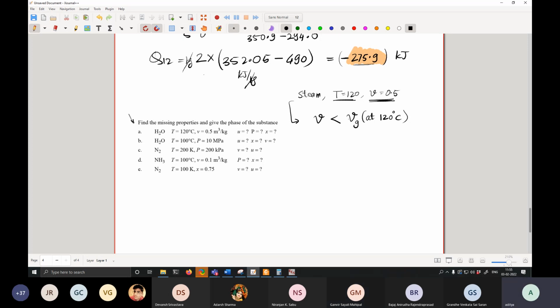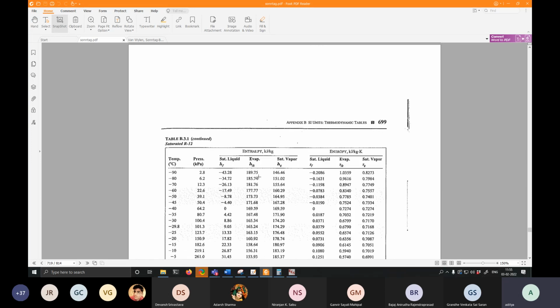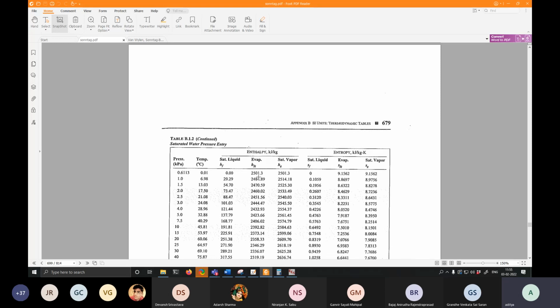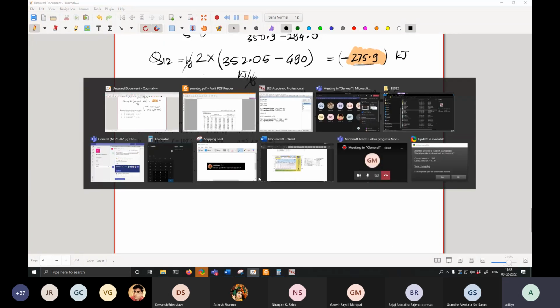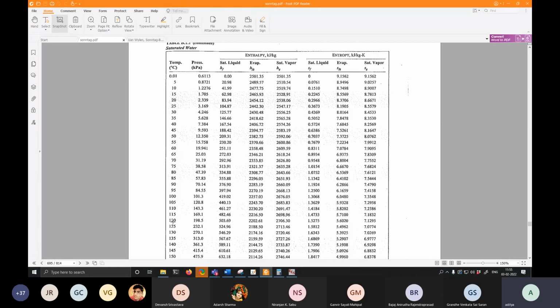Yes, sir. So let's go. Right now we are at R134A. We need to go back to steam. And what kind of entry is it? It's a temperature entry. So we have saturated water, temperature entry is 120 degrees Celsius.